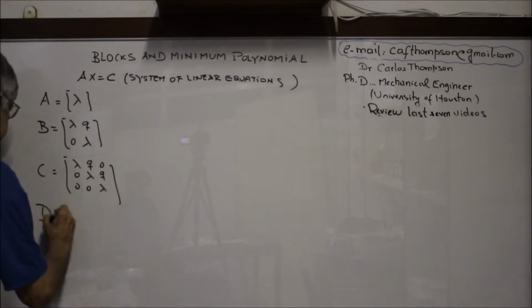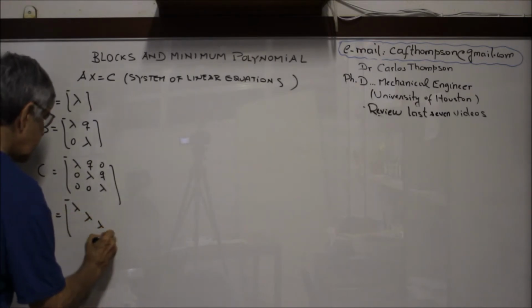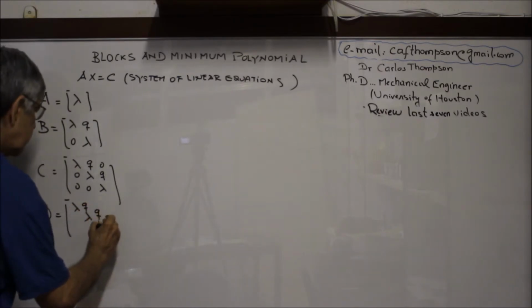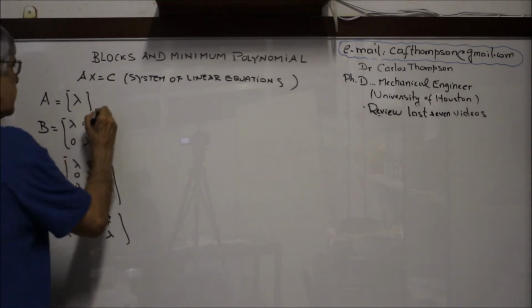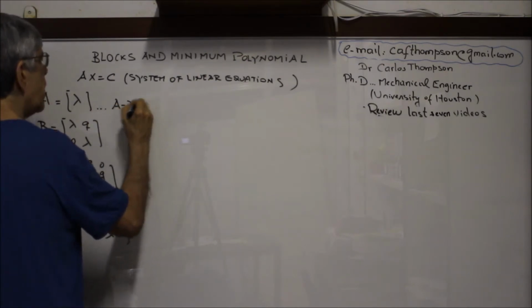Now, D is lambda, Q here, Q, and Q, and so on.